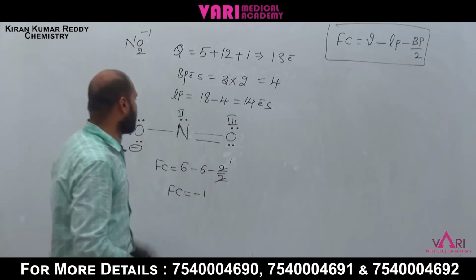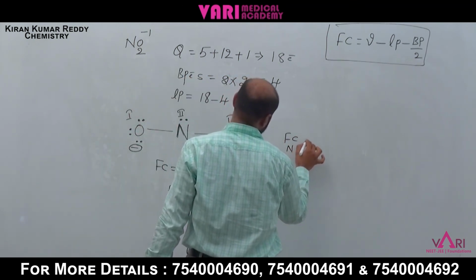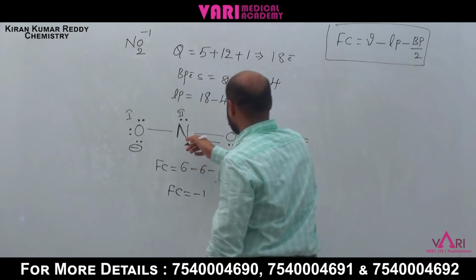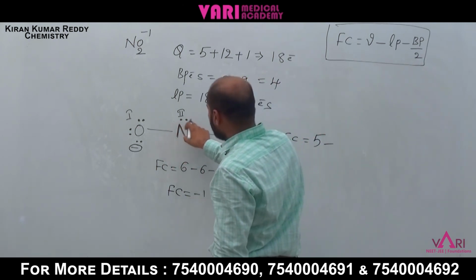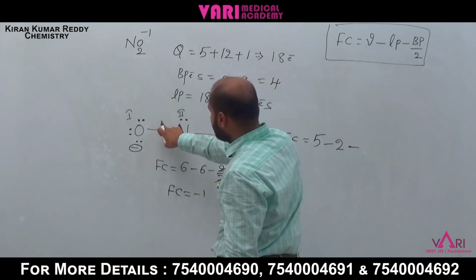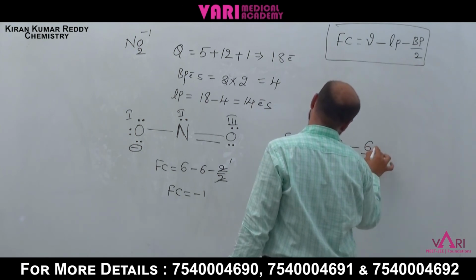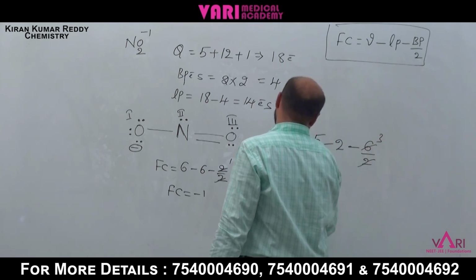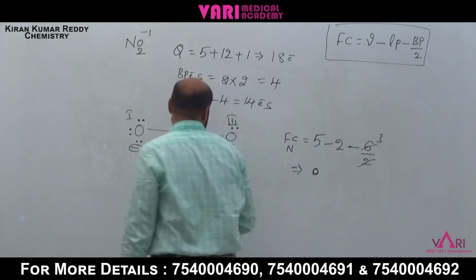Next, check the formal charge of the nitrogen atom. Nitrogen belongs to the 5th group, 5 minus. How many lone pairs? 2 lone pair electrons is 2 into 2, 4, minus the number of bond pairs, 3 bond pairs, 3 into 2 is 6, 6 by 2 is 3. So 5 minus 4 minus 3, the formal charge is 0.